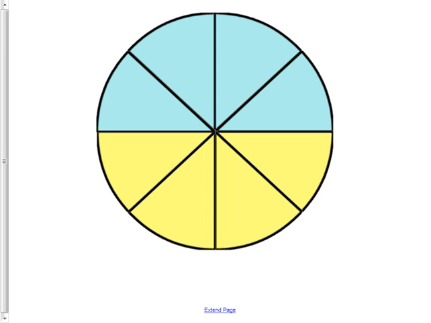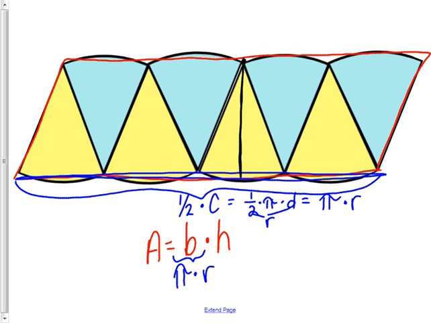If we go from the tip of one of those pie pieces all the way to the edge, what have we drawn? We have drawn the radius. So the height of our parallelogram is equal to the radius of the circle. We can replace the word height with radius.